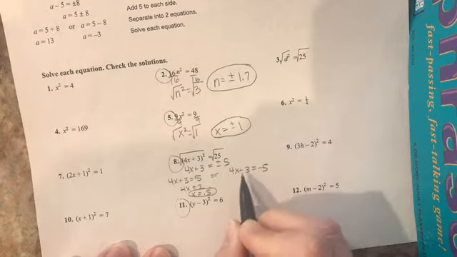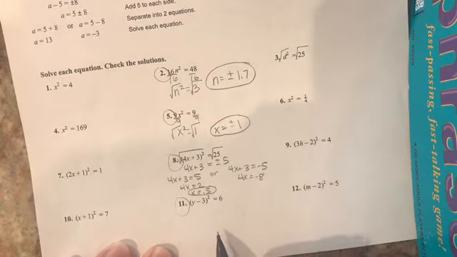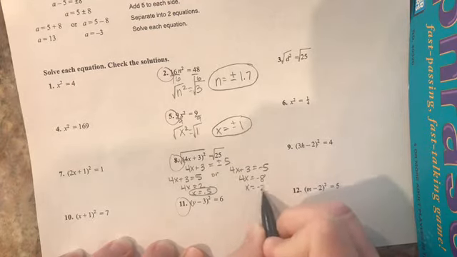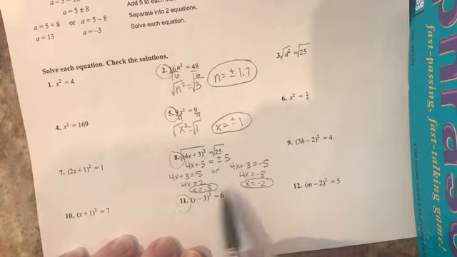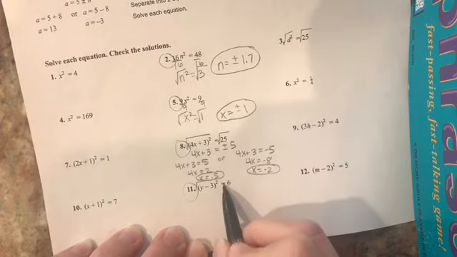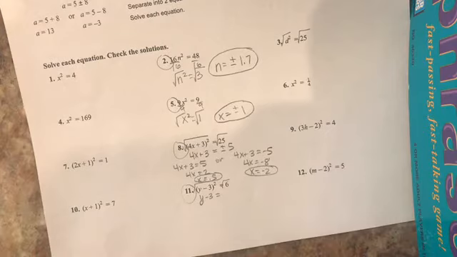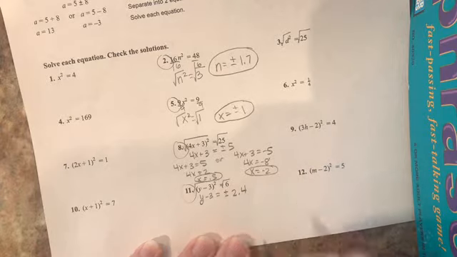Here I'm going to subtract 3. 4x equals negative 8. And then I'm going to divide by 4. x equals negative 2. So now your 2 answers are 0.5 and negative 2. All right, we're going to square root both sides here. That becomes y minus 3 equals, and I'm going to take the square root of 6 on my calculator, and you get positive negative 2.4.